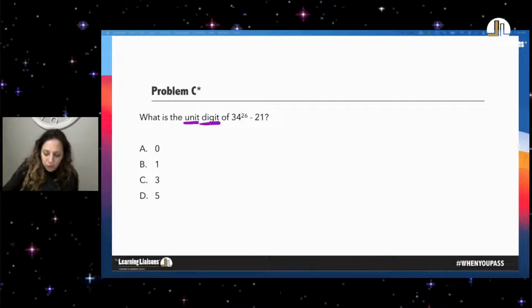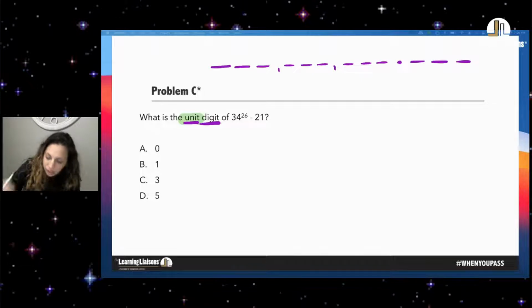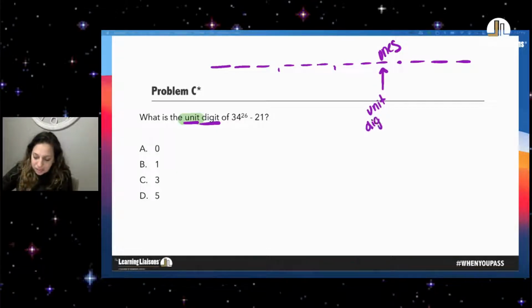What do we know about the vocabulary word unit? Unit means one. So if I'm looking at a number that's a number in the millions, the unit digit is going to be this one right here. It's your ones place. Your ones place and your unit digit are going to be the same.